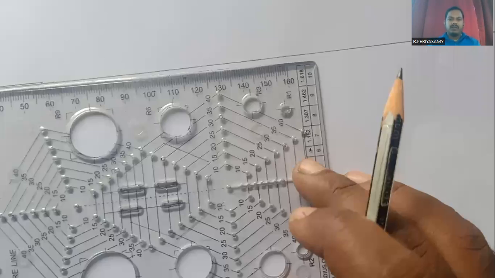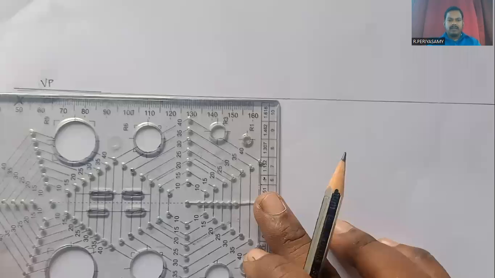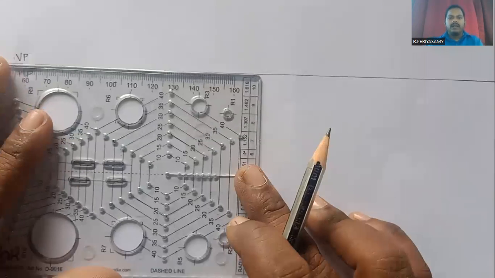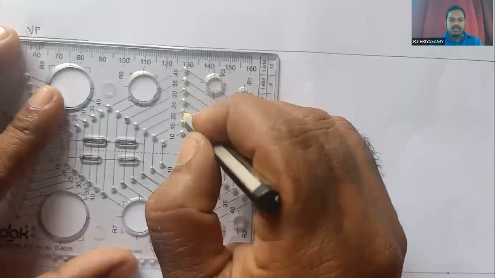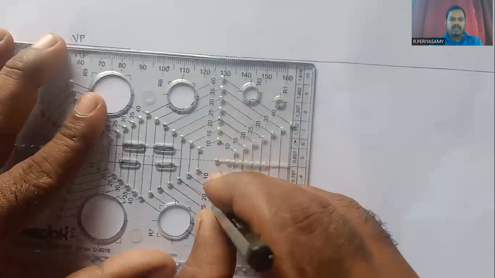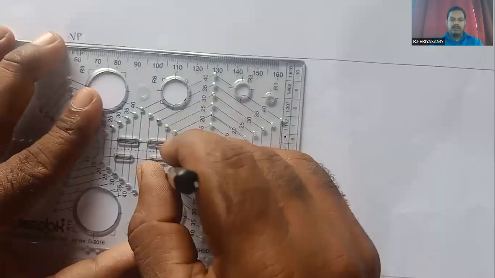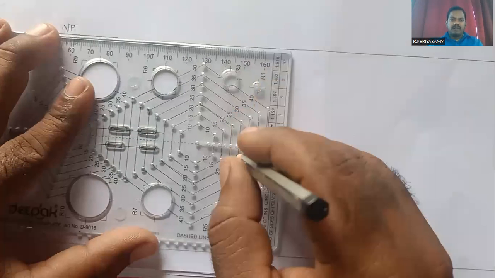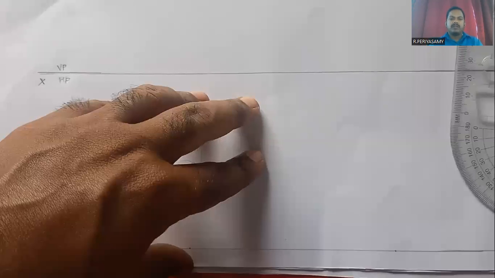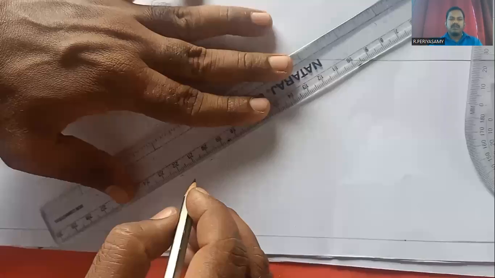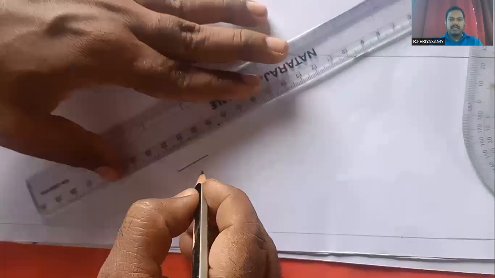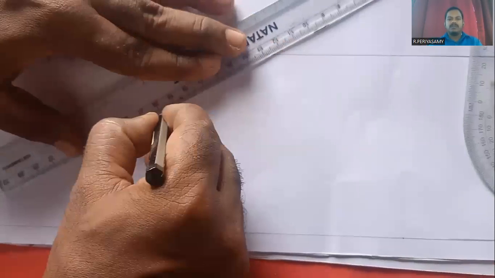We draw the 20 mm hexagon because the hexagonal plate is placed on the HP, so the top view projection is projected on the horizontal plane. Only the hexagon shape is visible in the top view projection, because the hexagonal plate rests on the HP.